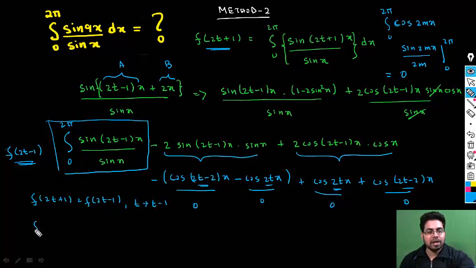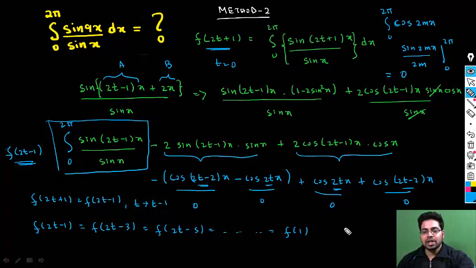So this will become f of 2t minus 1 equals f of 2t minus 3. And if I again go on replacing t with t minus 1, this would become f of 2t minus 5 and so on till f of 1. And to get f of 1, I need to put t equals to 0.